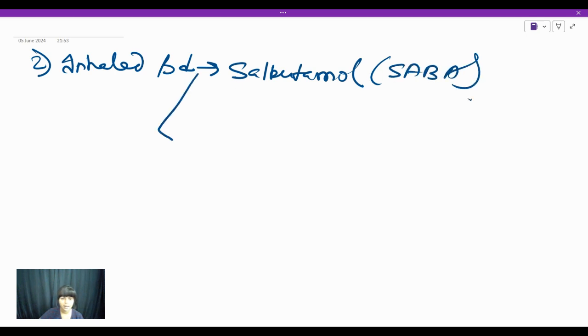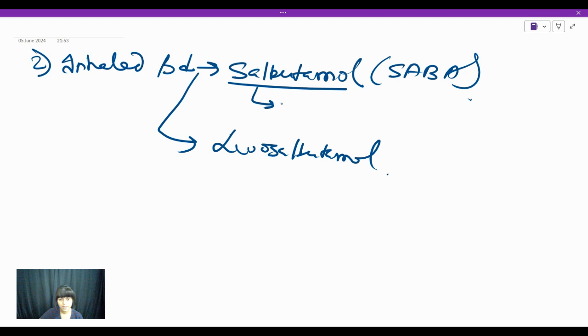The other one is levosalbutamol. These are the two drugs which you should give, and this can be given either as a nebulizer or MDI, that is metered dose inhaler.